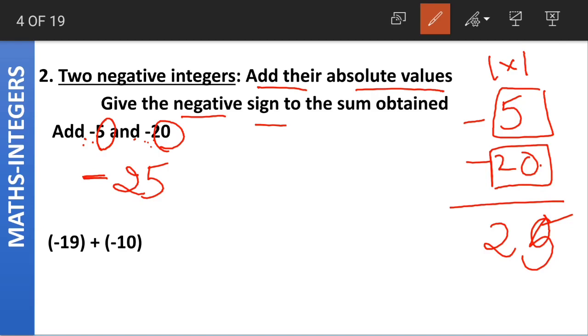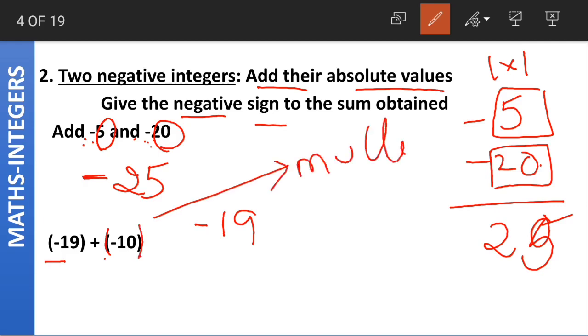Again, coming to the next example, minus 19 plus of minus 10. Now the first one is minus 19. As I said, these brackets represent multiplication. Now we have to multiply the signs first.